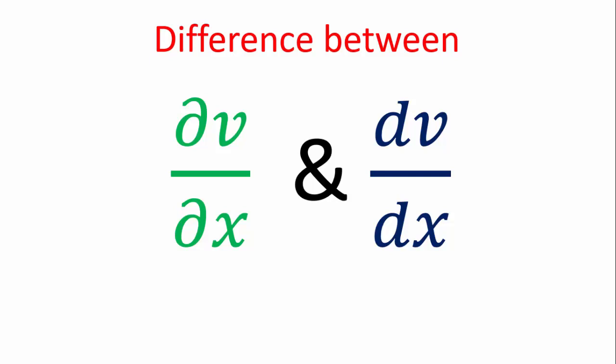That means in partial derivative only partial change in the quantity with respect to coordinate is given, whereas in complete derivative total changes are given. So this is very important. Delta V by delta X is a partial derivative and dV by dx is a complete derivative.